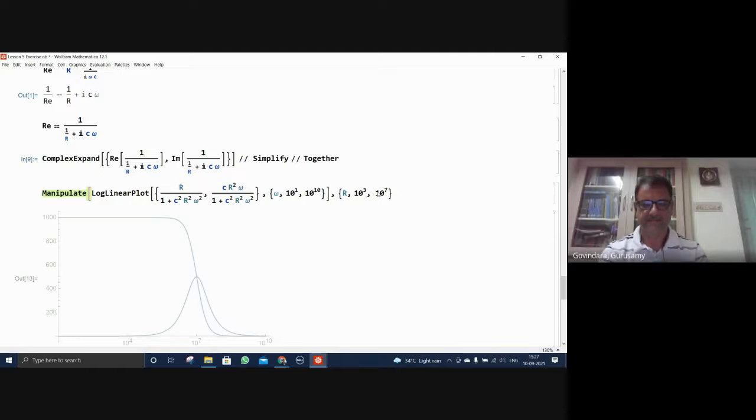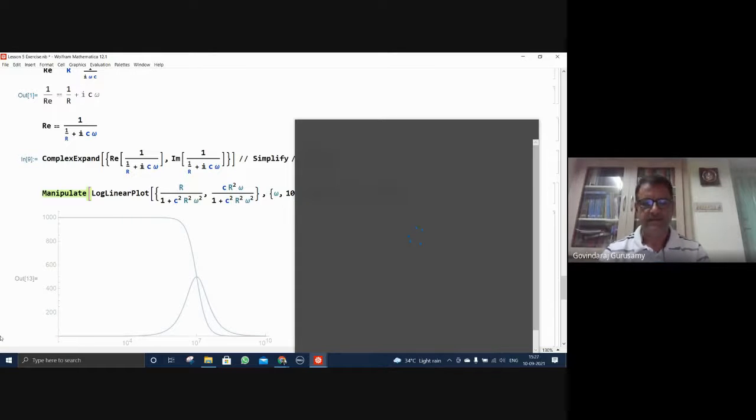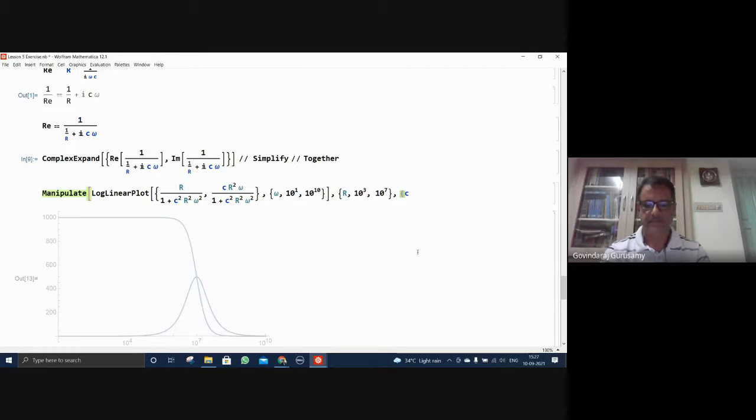So the problem is, see, now capacitance, starting from, how much is this magnitude now? 10 power, and the constant is 10 power 7. So capacitance, what has been given is 100 into 10 power, so 10 power 10.